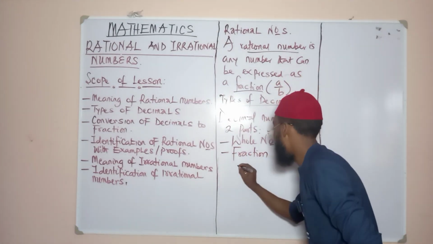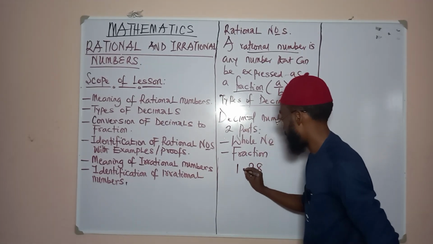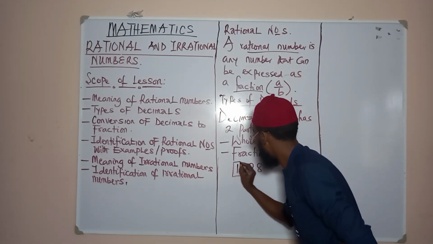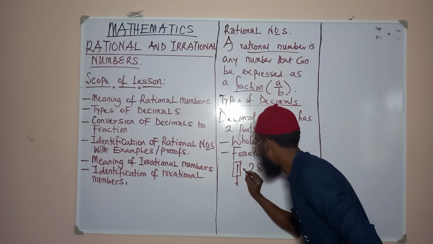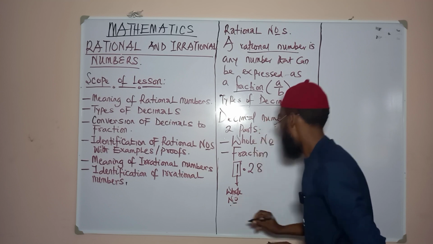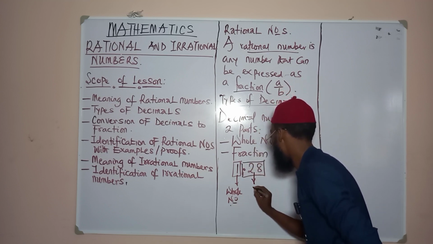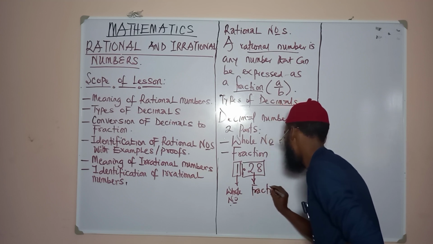Take for instance, if I write 1.28, you can see this number before the decimal point is the one we refer to as the whole number, and then 0.28 is the one we call the fraction.